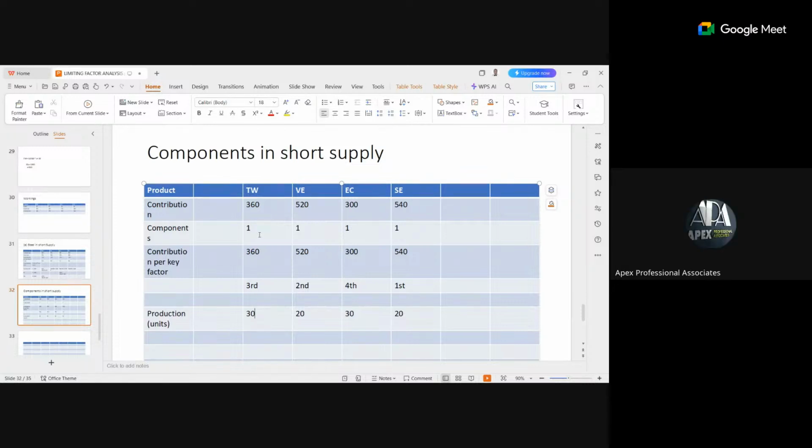Because the contribution, the component is 1 to produce each of the products. So it means we need 30 to produce TW, 20 to produce VE, 30 to produce EC, and 20 to produce SE.